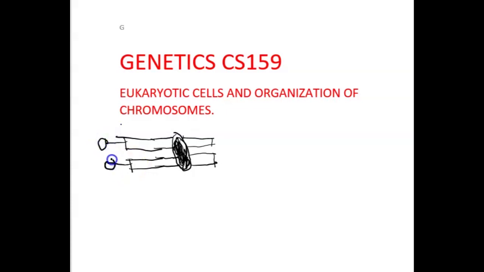So this is the centromere, and this is the satellite. The position of the centromere determines the relative arm length of the chromosome. Hope you understand it.